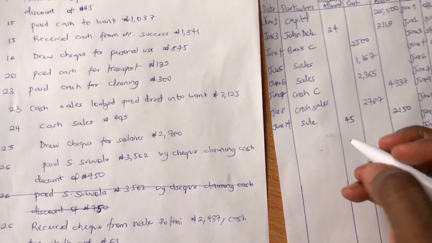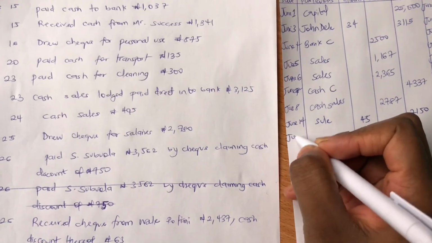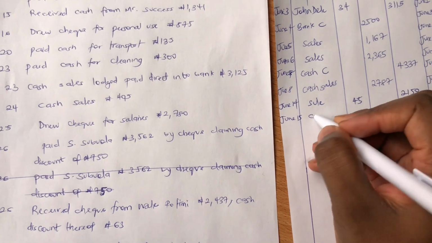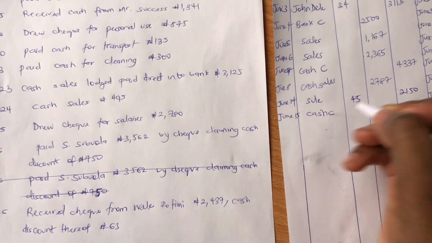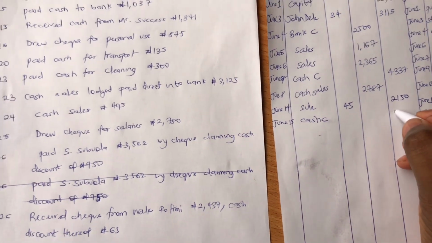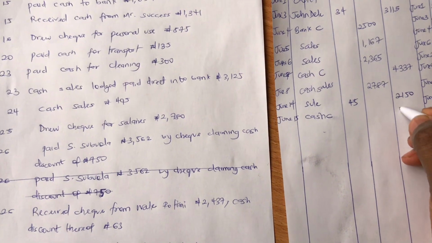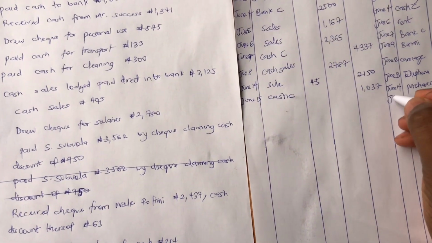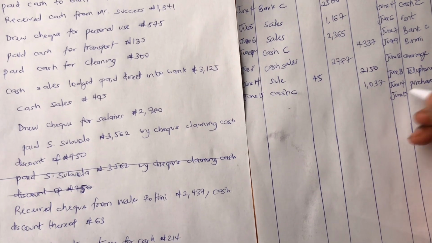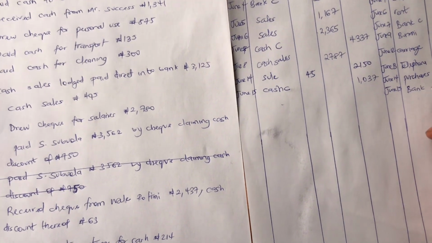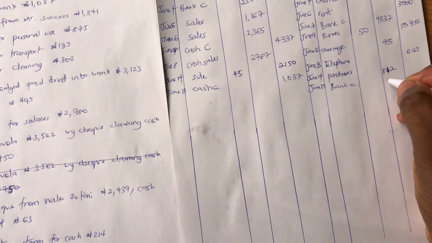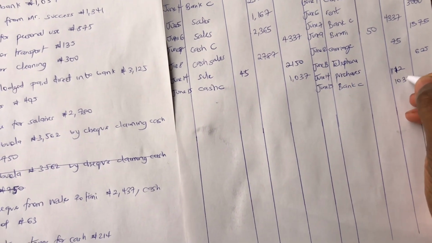On June 15, it's going to be a cash contra under the bank of 1037. June 15, bank contra under the cash, because cash is credited 1037 because it's reducing.